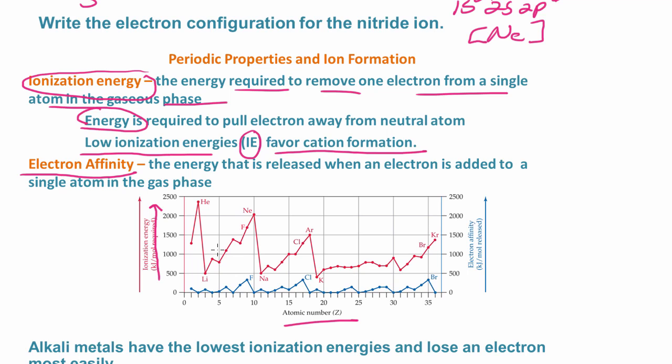So in other words, it's easier to remove an electron from potassium than it is from sodium. Also, this shows us that as we go across a period on the periodic table, the ionization energy increases. So for example, it's going to take more energy to remove an electron from aluminum than it is from sodium.